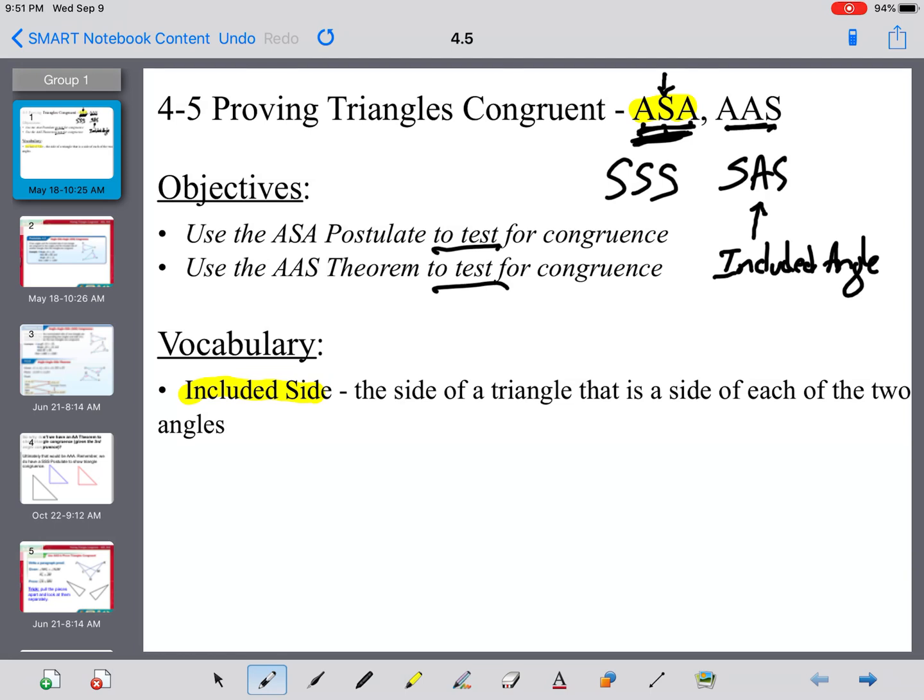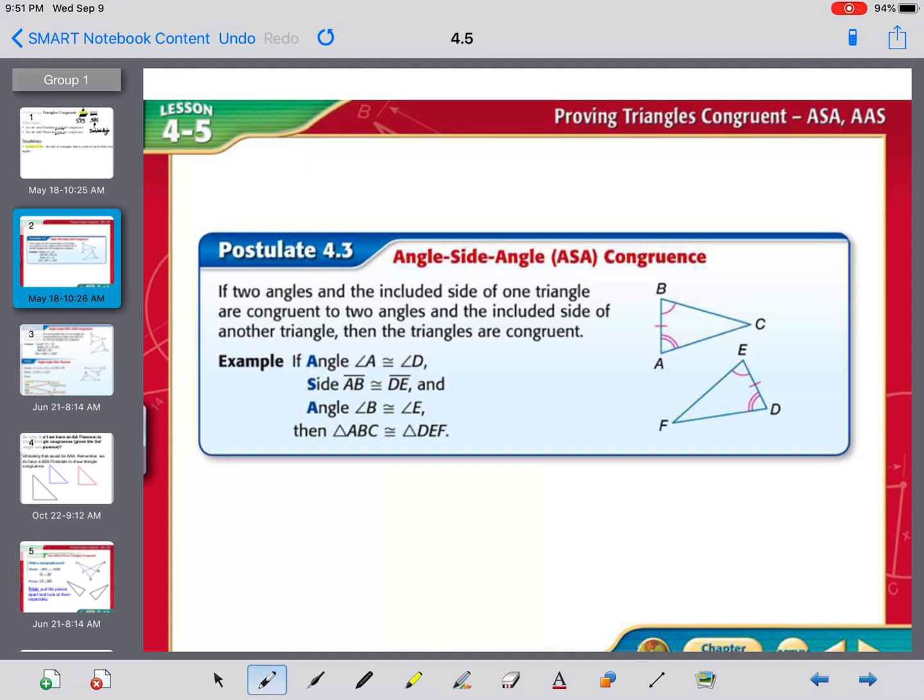So even though we've only got two angles and one side in this case, we will say everything, all the corresponding pieces, or these two angles and the side, not included, would be the same. You could prove the whole corresponding set of sides and angles are congruent.